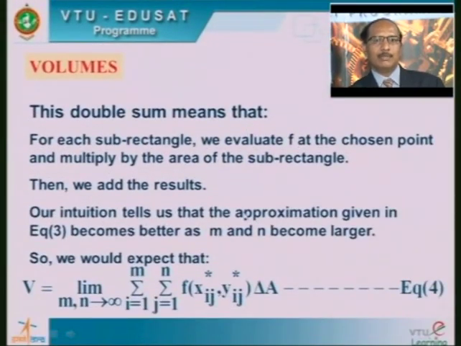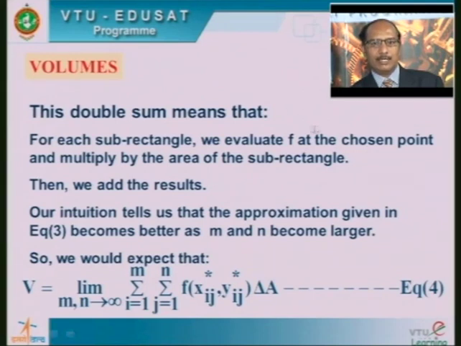This double sum means, what is the double sum? For each sub-rectangle, we evaluate f at a chosen point and multiply by the area of the sub-rectangle. What we have done is, for each sub-rectangle, any rectangle Rij, we evaluated the function value at a chosen point, that is f of xij star, yij star.